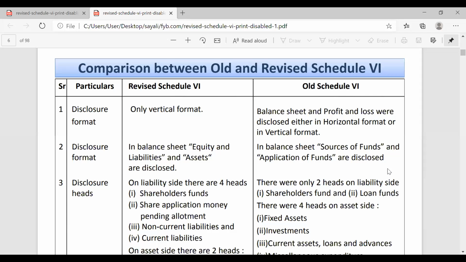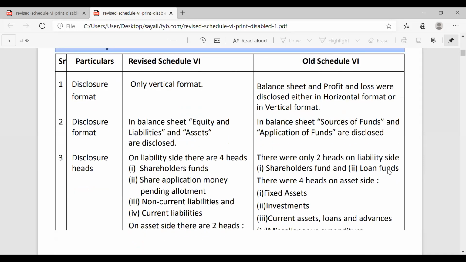In the previous disclosure format, in the new or revised schedule, we record only equity and liabilities, and assets are disclosed. In the old schedule, you are unaware of the words source of funds and application of funds. So source of funds means liabilities, and application of funds means your assets are disclosed.